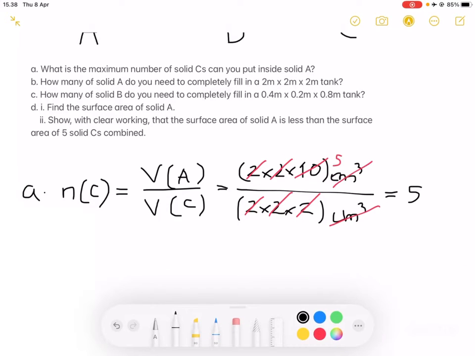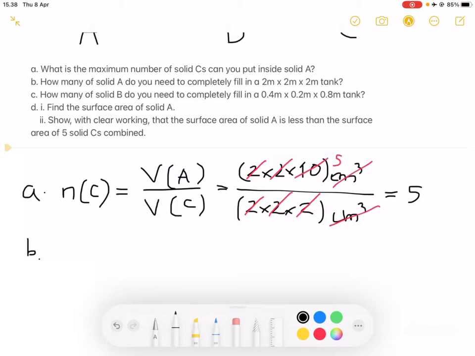For part B, we need to find the amount of solid A's you need to completely fill a 2 meter times 2 meter times 2 meter tank. And notice that is a cubic tank.